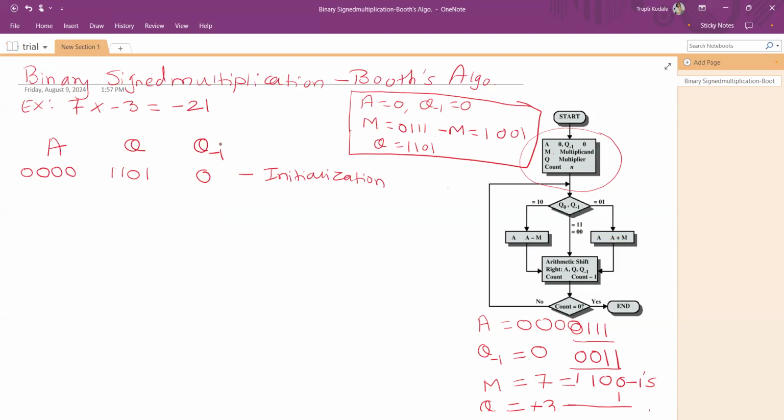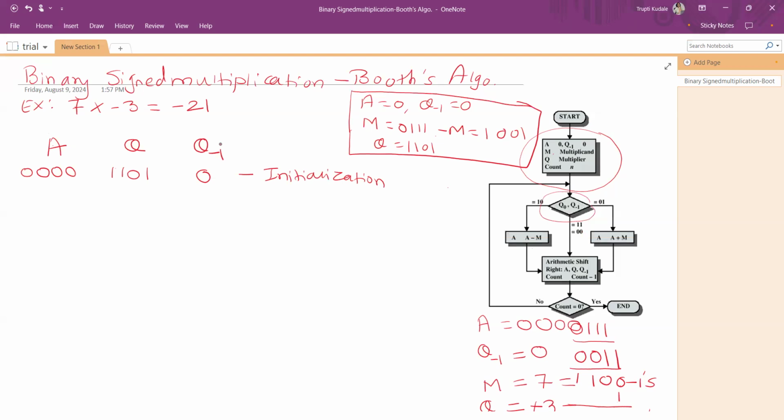Now after initialization, you will check the Q0 and Q minus 1 bits. Whatever the values of Q0 and Q minus 1, according to that value you are going to perform one of 3 different operations: A minus M, A plus M, and arithmetic right shift.